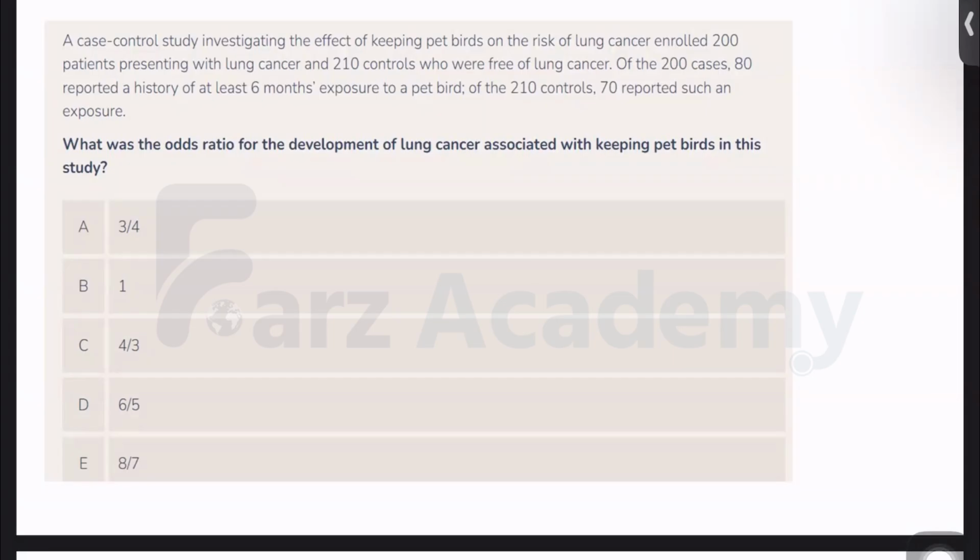Then 70 reported in the control group, so 70 upon 210 minus 70. So 80 by 120 divided by 70 by 140. 80 by 120 would be approximately 2 by 3, and 70 by 140 would be half. So 2 by 3 divided by half, so it would be 4 by 3.